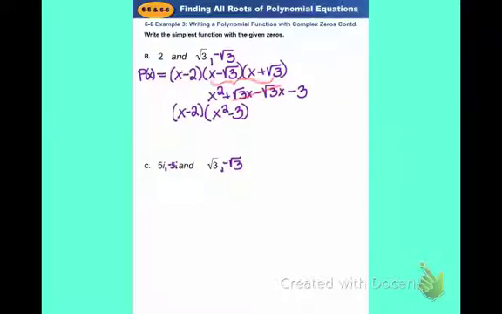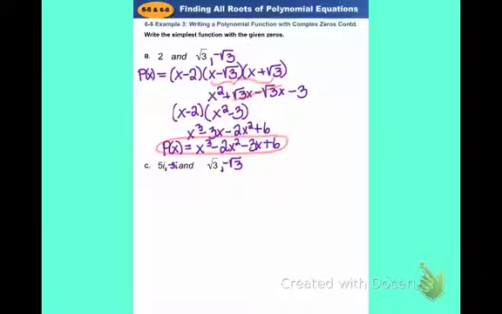So if I distribute that x minus 2 through, I have x times x squared, that's x cubed, x times minus 3, which is minus 3x, minus 2 times x squared is minus 2x squared, and minus 2 times minus 3 is plus 6. Then put that in standard form to get my polynomial: x cubed minus 2x squared minus 3x plus 6.